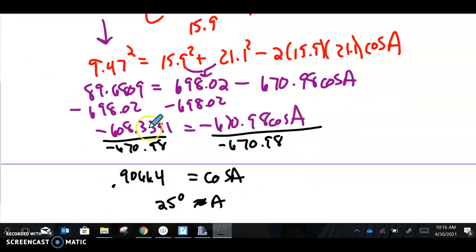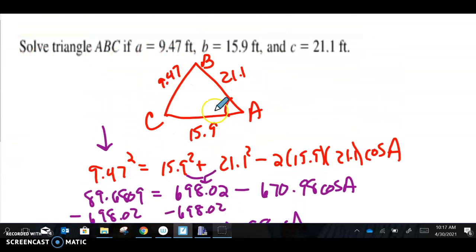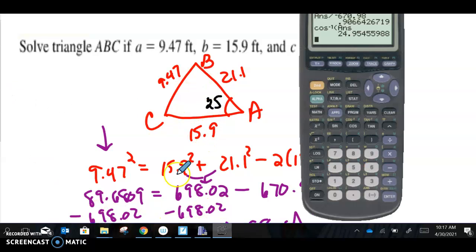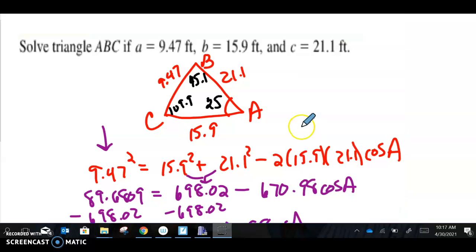When I divided this, I got 0.90664 equals cosine A. I took the inverse cosine of both sides, and I got A to be about 25 degrees. From there, I'm ready to do the law of sines to get the other angles, and then subtract. The law of sines and subtracted from 180, I got B to be 45.1 and C to be 109.9.